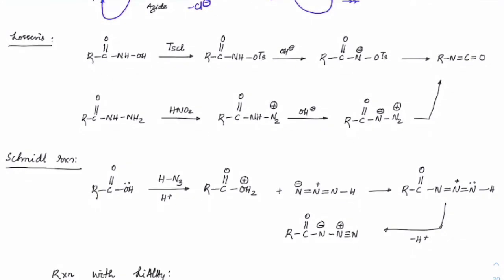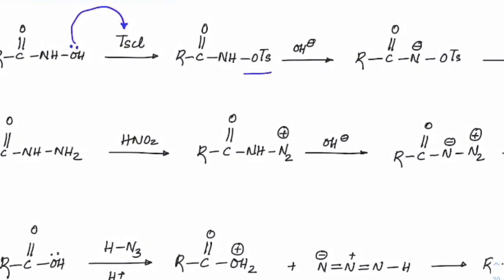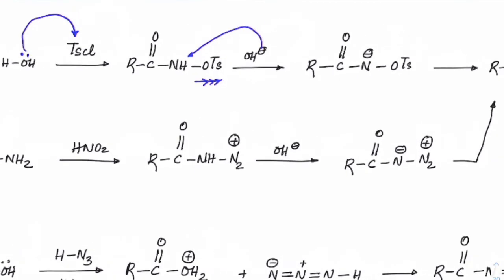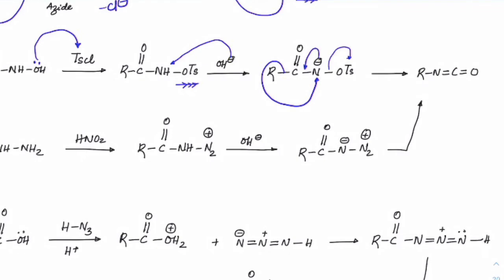Lossen's reaction: first we take the hydroxamic acid, and the lone pair on oxygen in OH will undergo tosylation, right? So first we see OTs forming here. Again the same thing, OTs is a good leaving group, so OH minus will attack here and generate a negative charge on it. Again rearrangement, this group will leave, a double bond forms, and you get isocyanate formation.